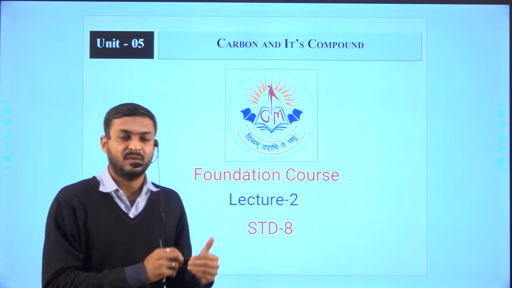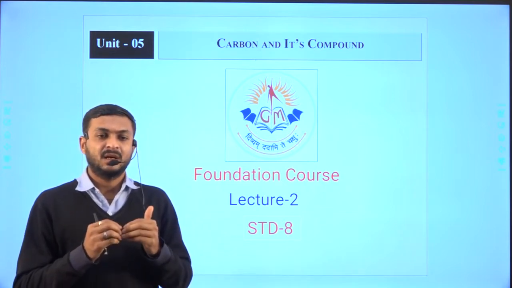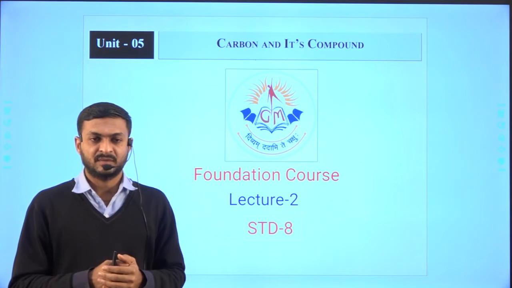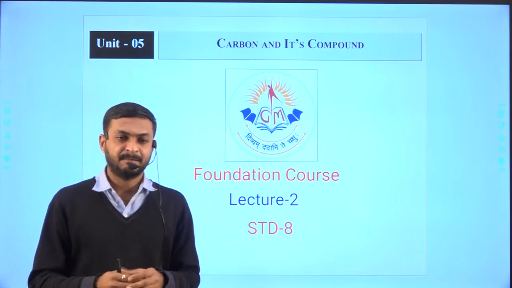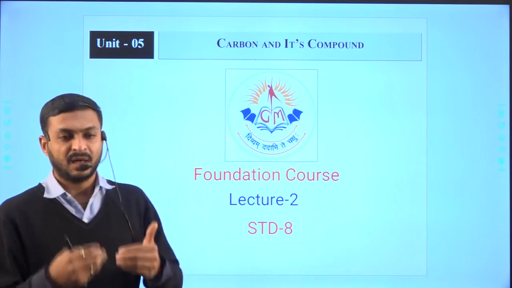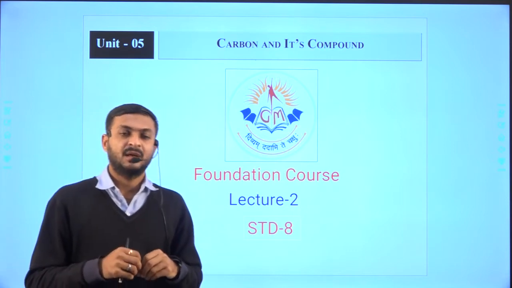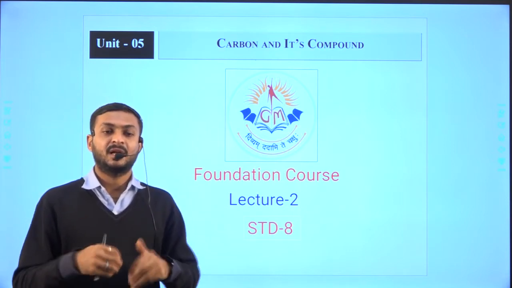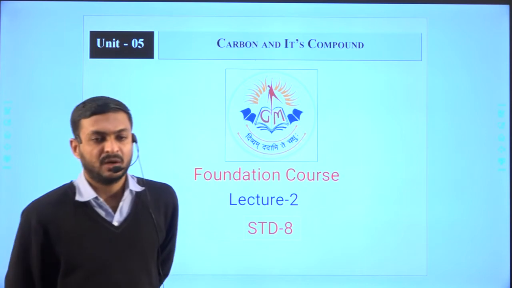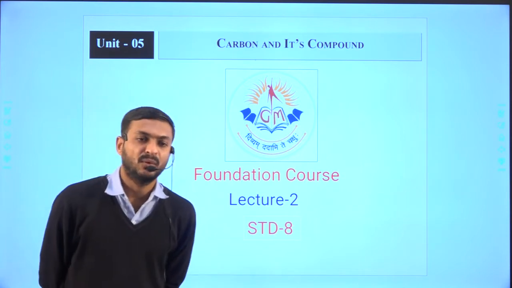In the crystalline form, we discussed three different forms, diamond and graphite. And in today's lecture we are going to study the remaining allotrope, called fullerene.